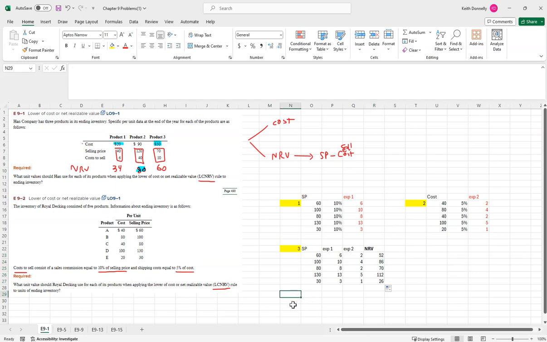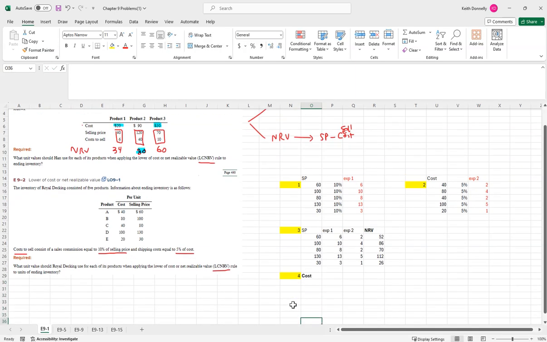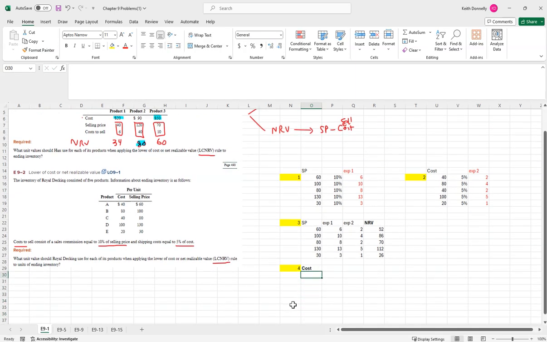Then for step 4, we're going to compare our cost, so we have that over here, cost. I don't want all of those bold, just that one.